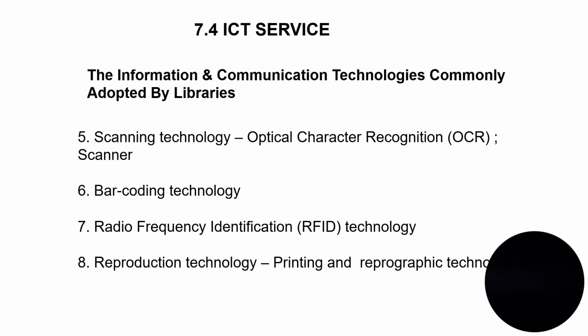If you notice, at PSB there is a security gate, which means if you bring out books without going through the circulation counter, the gate will produce an alarm. So that is one of the RFID technology. Also, this RFID technology can detect how many visitors come to the library in a day. And then reproduction technology, printing and reprographic technology.